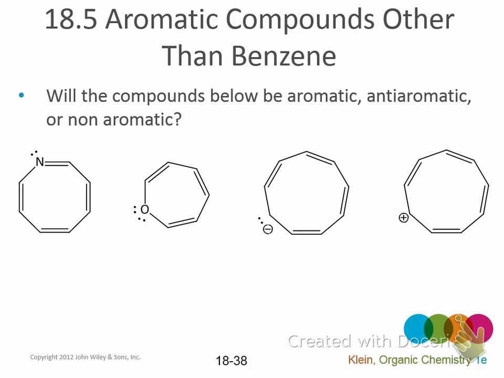So let me back up. Why isn't it aromatic, anti-aromatic, or non-aromatic? What did we decide? Well, it would be anti if you included all 4 and it was completely conjugated.